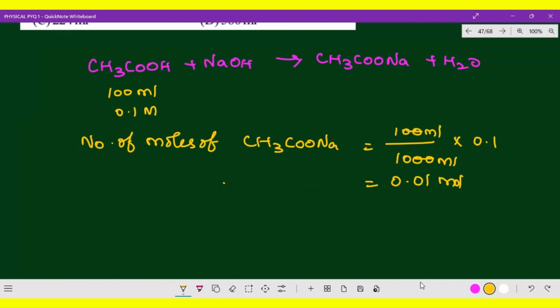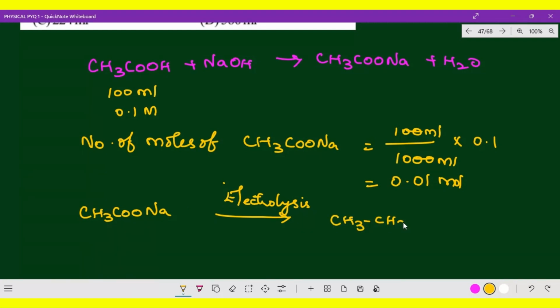Now we are going to identify the electrolysis process, a complete electrolysis. CH3COONa, through electrolysis, gives you CH3CH3, that is ethane, plus 2 CO2, plus 2 NaOH, plus hydrogen gas released.